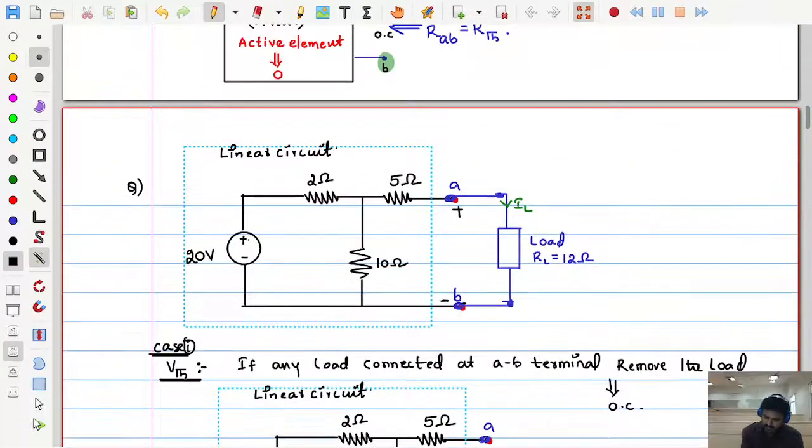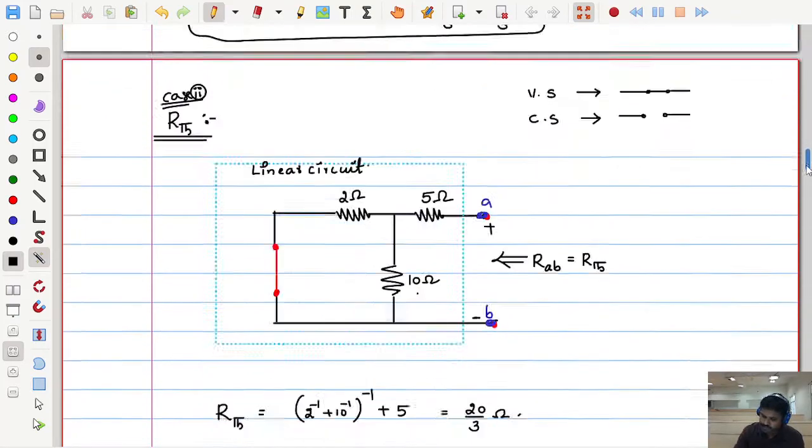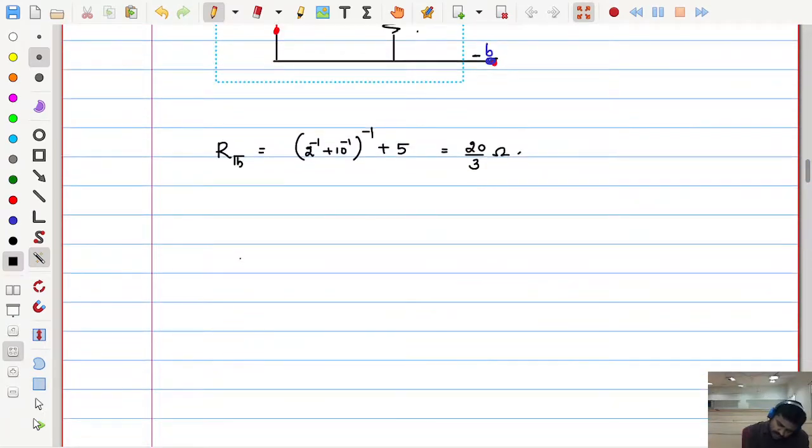Now once we get RTH and VTH, we said initially that this entire circuit needs to be replaced by one voltage source in series with one resistance. That is our aim. So let me put that entire thing over here finally. I got one voltage source and one resistor. This is the RTH and this is the VTH.